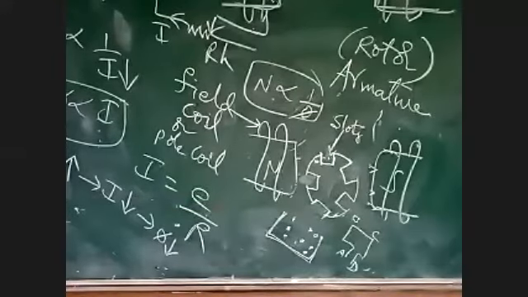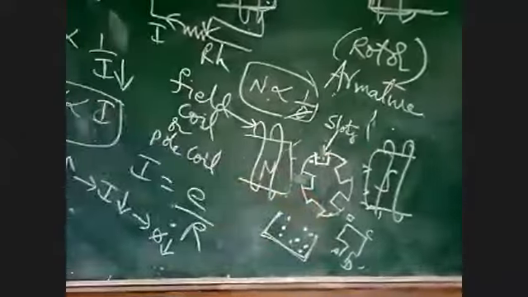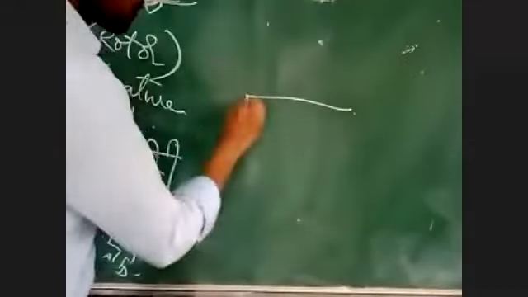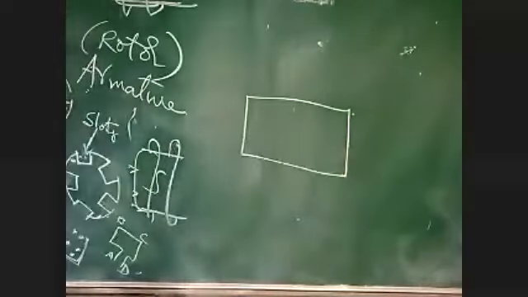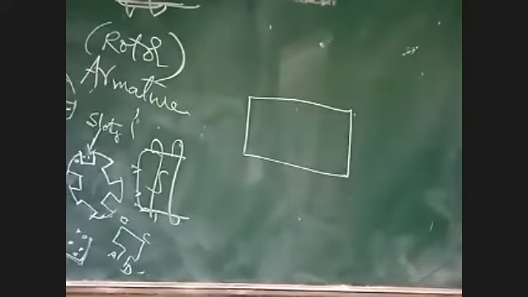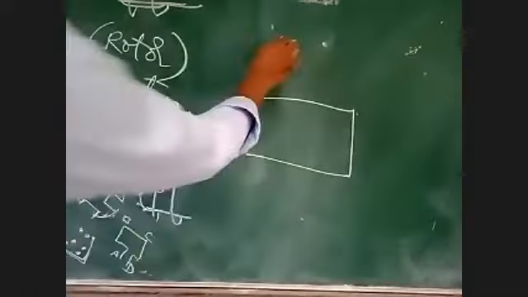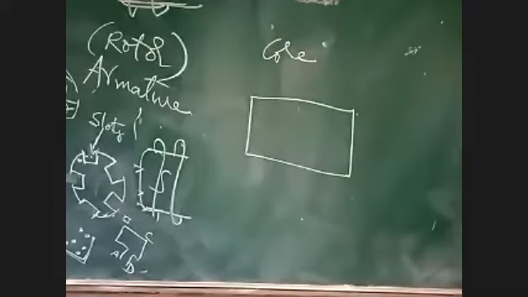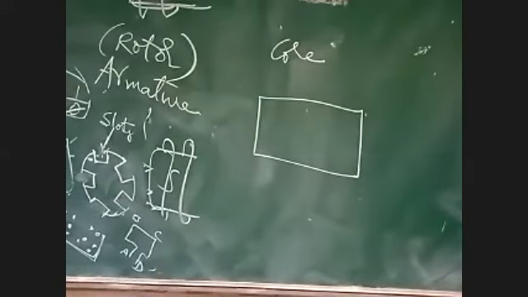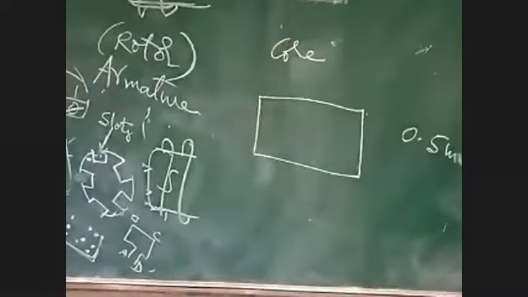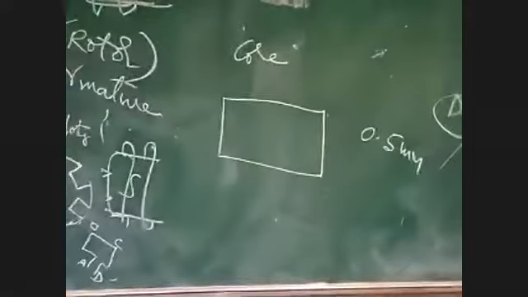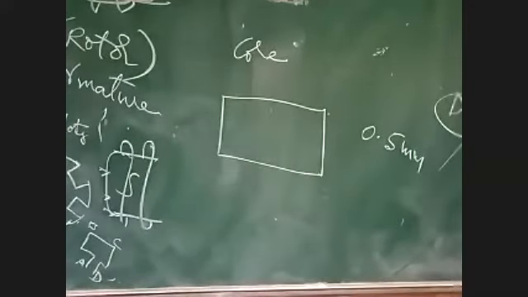How do they get this circular iron piece? I will explain the construction. I am forming the core now, a circular core, a circular iron piece. I am taking a thin rectangular lamination sheet of thickness 0.5 mm.